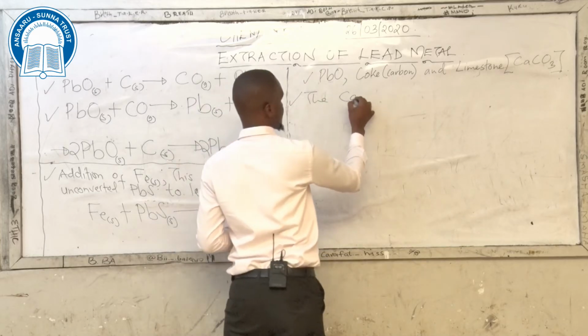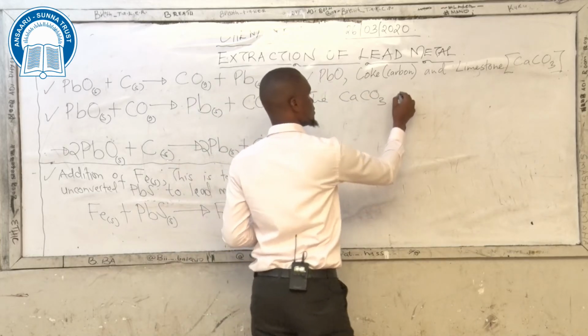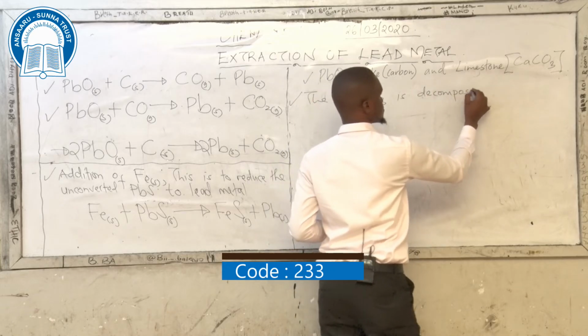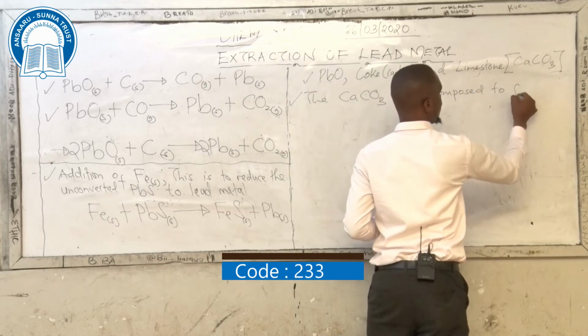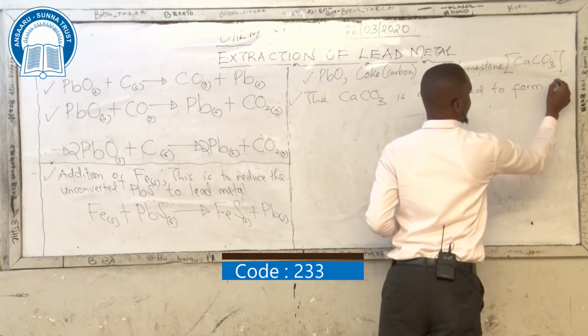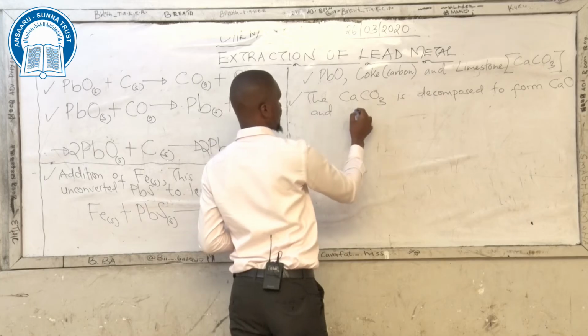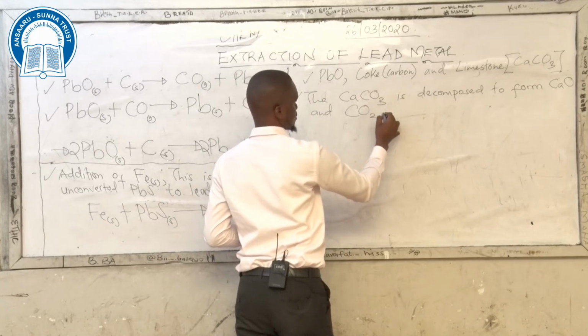So the calcium carbonate is decomposed to form calcium oxide and carbon dioxide gas.